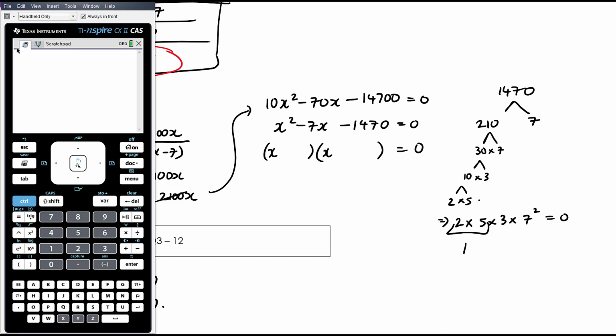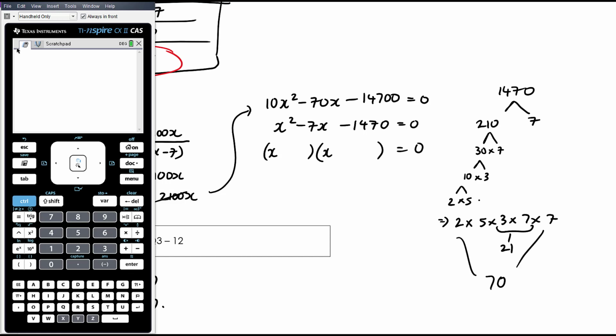For example, we can say it's 10 times 3 lots of 49. It's 15 times 2 lots of 49, 98. So you can work with those combinations until you get, in fact, 7 squared is not that helpful because we can split that up. So it's 21 times 2 5s are 10 times 7 times 70.